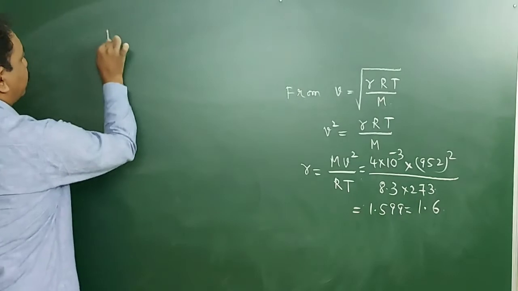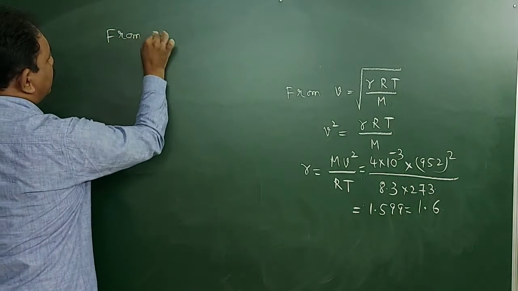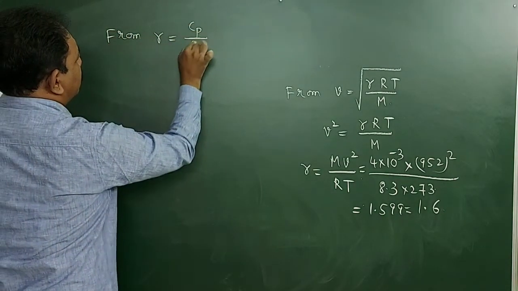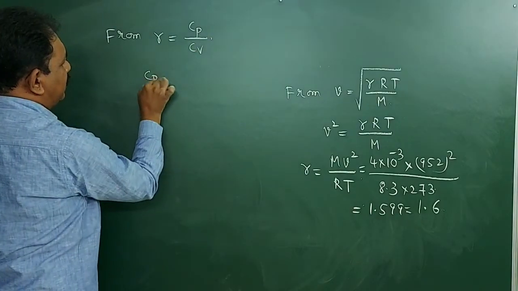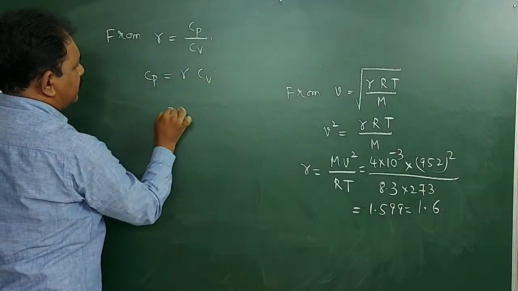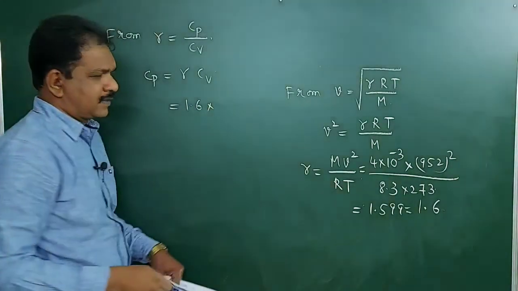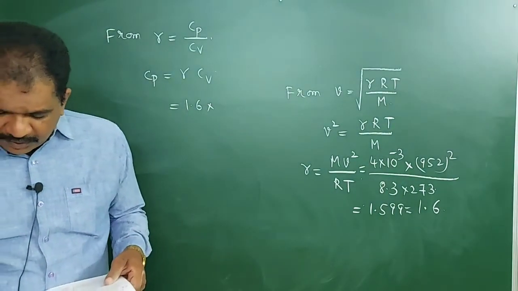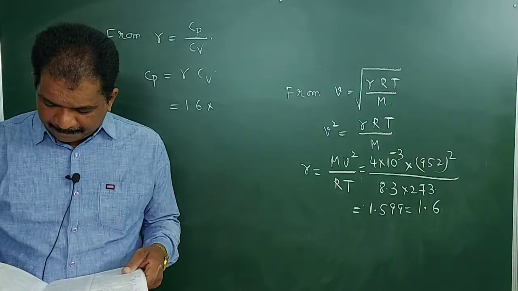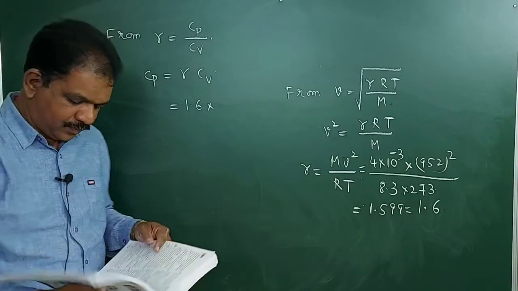Next, from gamma is equal to Cp by Cv, Cp is equal to gamma Cv, 1.6 into Cv value will be 5.